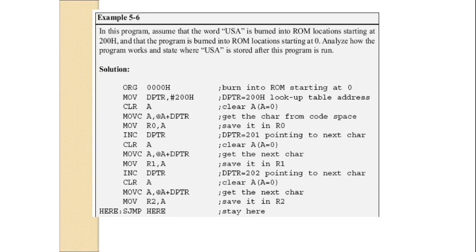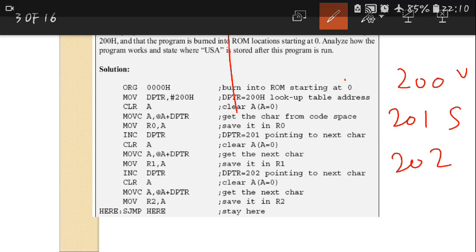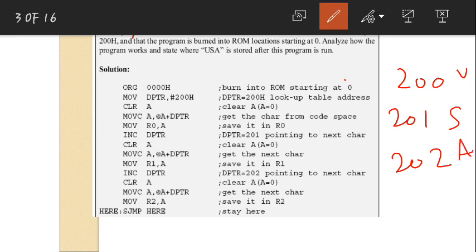At 200 I have the U ASCII character, at 201 I have S, and at 202 I have A. These are the locations, which are burned in ROM.